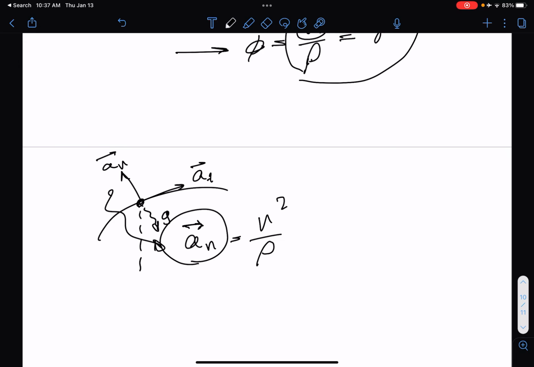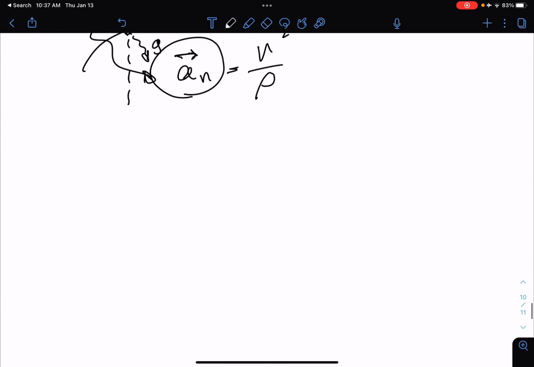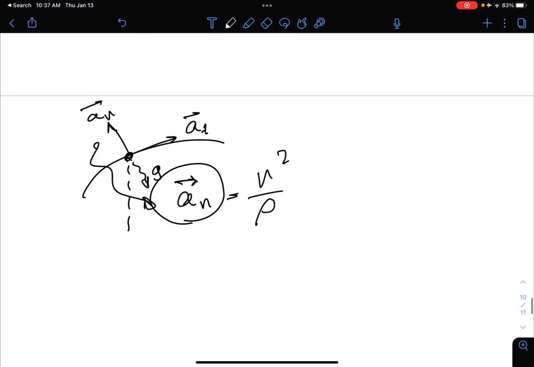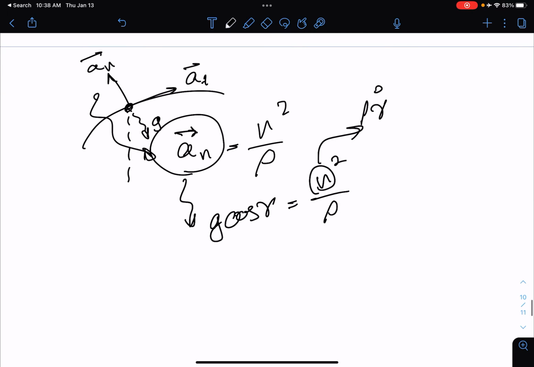And how do we find this component of gravitational force? It's the cosine of gamma, the flight path angle. So this AN has to be equal to g cosine of gamma. This is equal to V squared over rho. And we already know V is rho gamma dot. So plug that in.